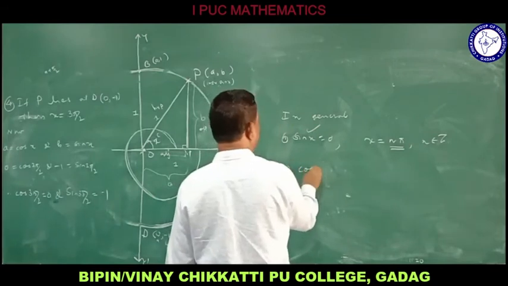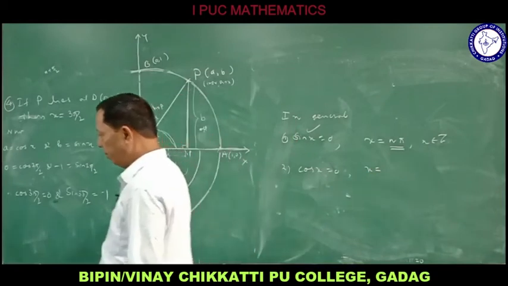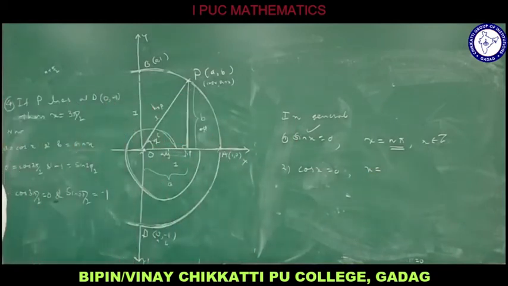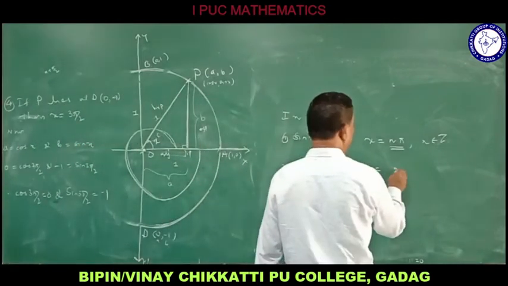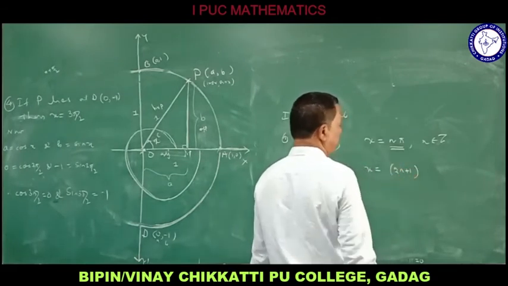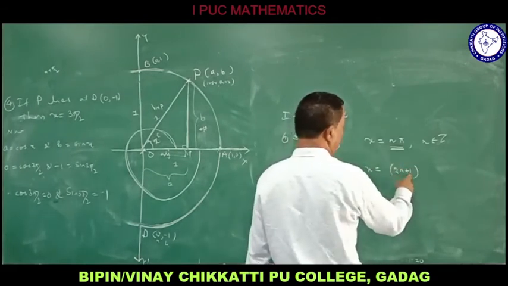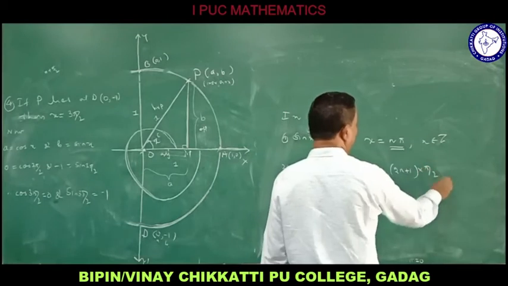Similarly, cos x is equal to 0. In general, I am taking this odd number, that should be taken here, an odd multiple, 2n plus 1. You take it, it must be odd, whichever you take: 1, 3, 5. So odd multiple of pi by 2.